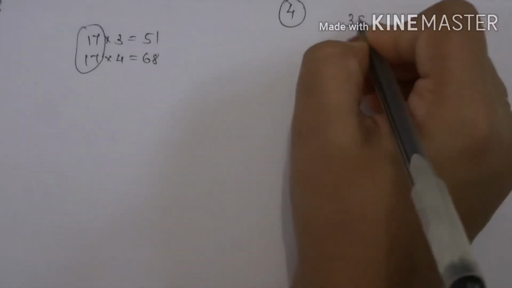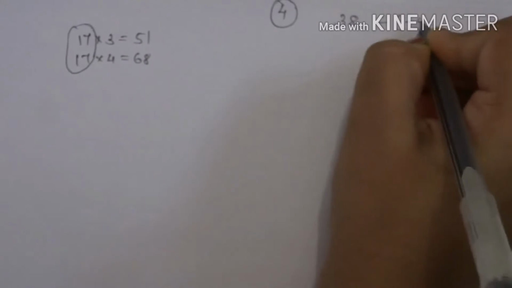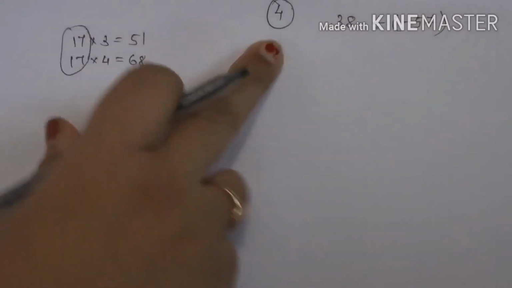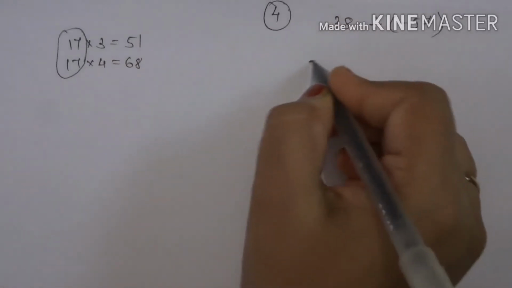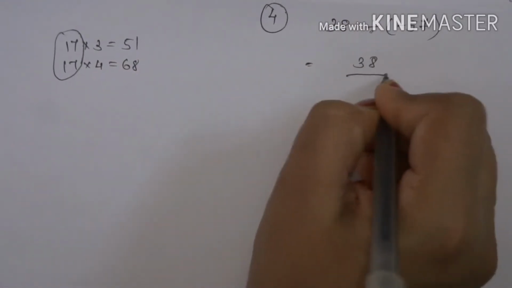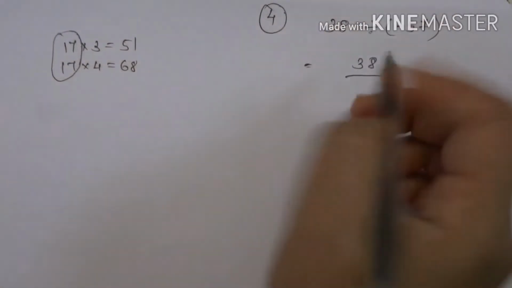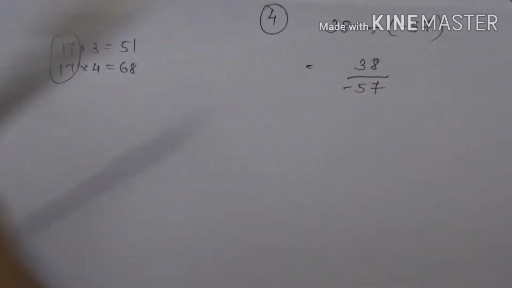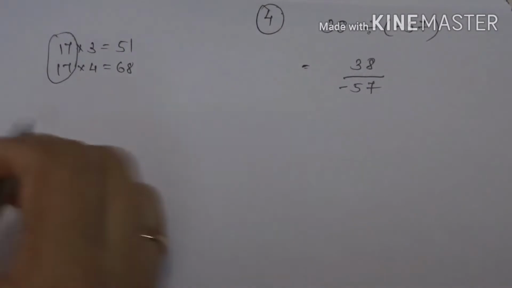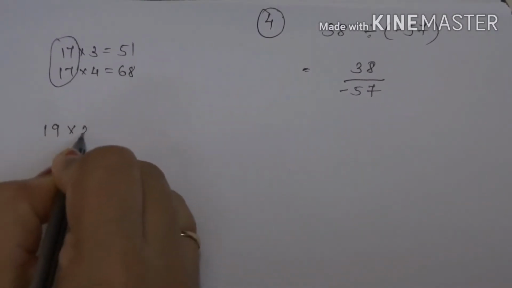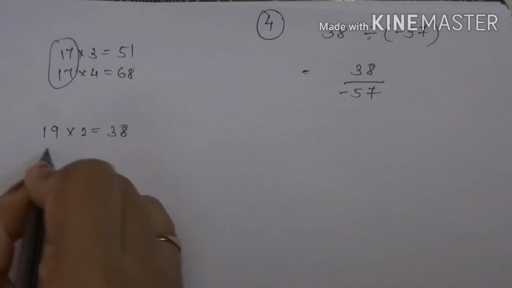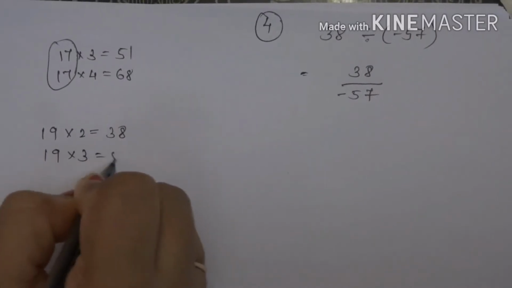38 divided by minus 57. This is your fourth question. 38 divided by minus 57. Write these two numbers in fraction form. 38 divide means upon minus 57. Then children, see the table. Both these numbers 38 and 57 come in 19's table. 19 2s are 38. 19 3s are 57.